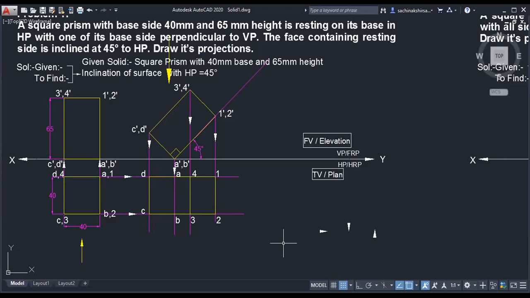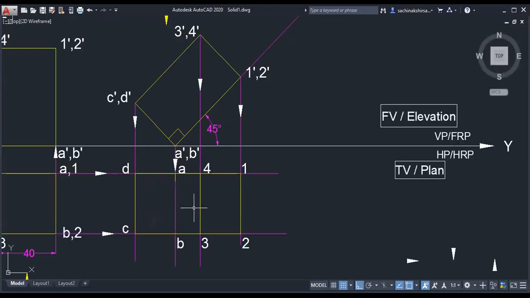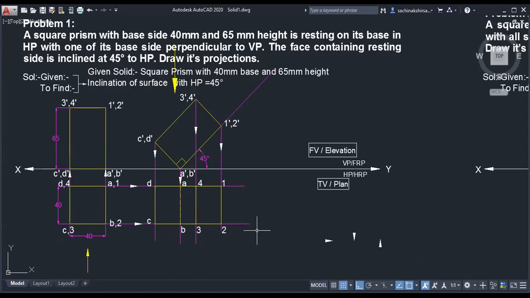It is not possible to see from the top. So it will be dotted, maybe something like this. Dotted. Okay. Its top view will come like this. Actually only one side of the base, CD, is visible to us. Even A to B we are not observing.